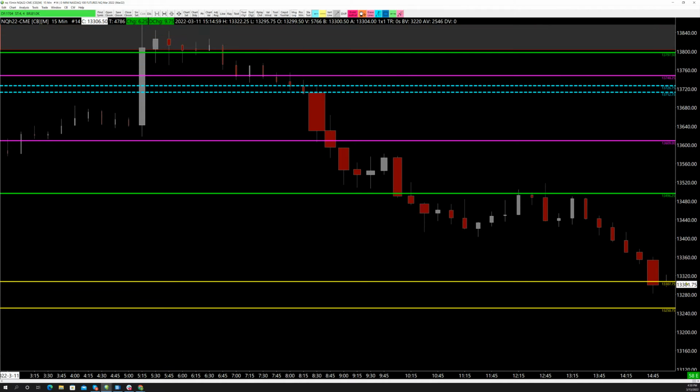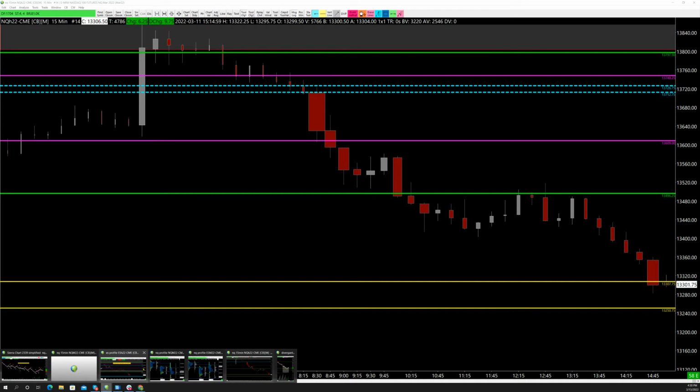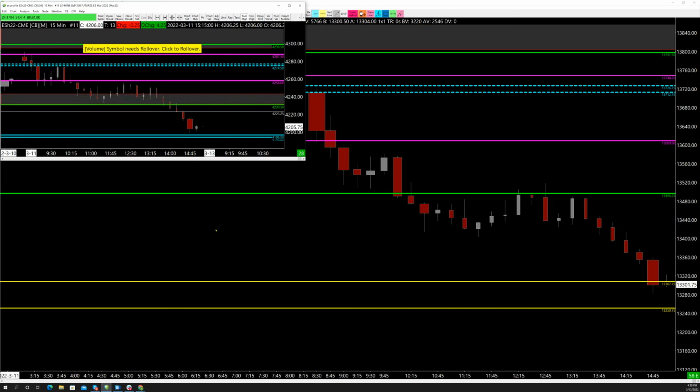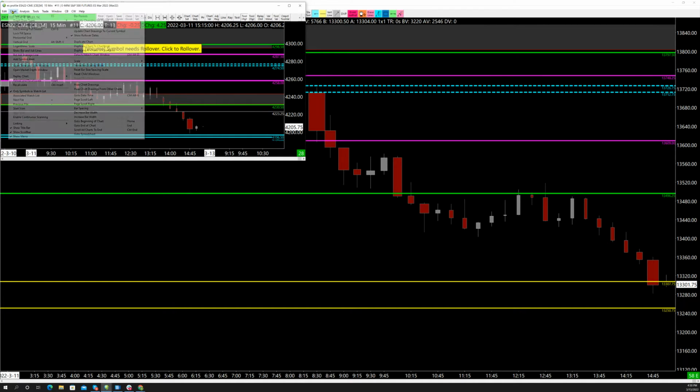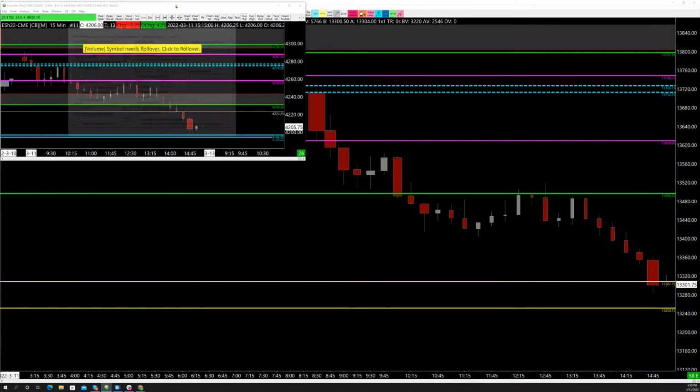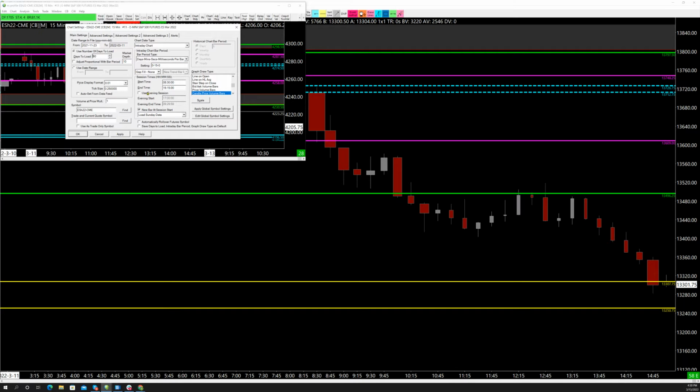I'm going to show ES, and then we'll go through and change the levels. Okay, here are ES's numbers. Let me find them really quick. That one needs to roll over. Hold on one second. Chart, F5, F5.